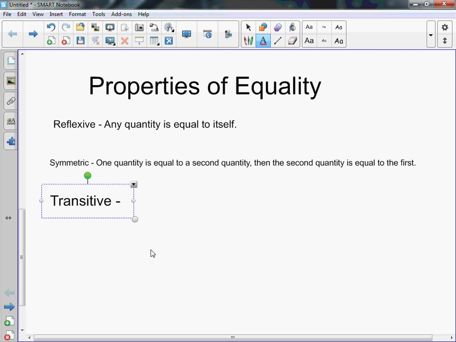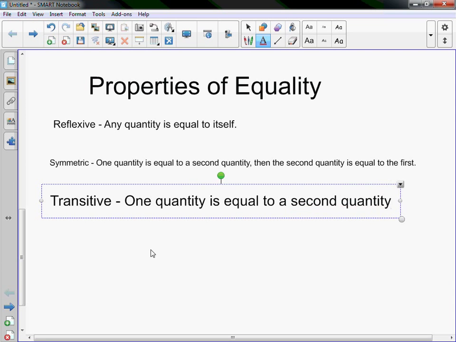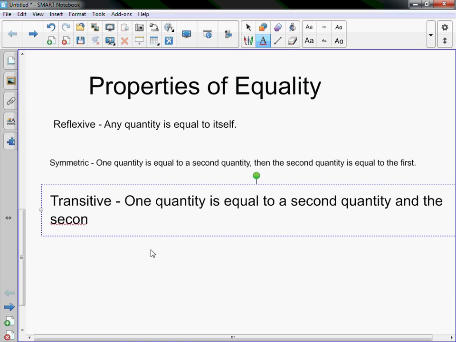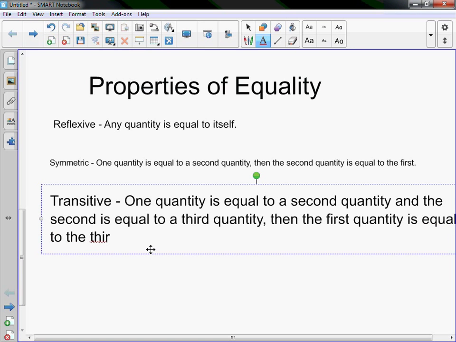This one says that if one quantity is equal to a second quantity, and the second quantity is equal to a third quantity, then the first quantity is equal to the third quantity.